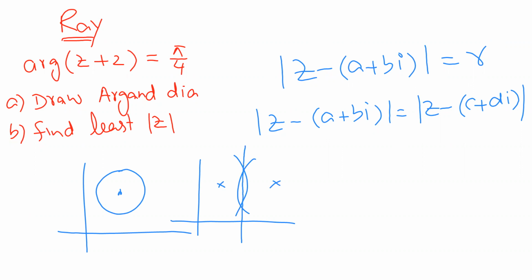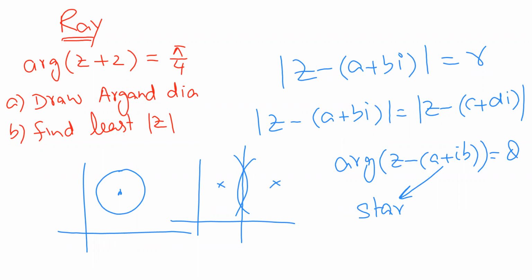Now I'm discussing the ray: arg(z - (a + bi)) equals an angle theta, any theta. This a + bi is called the starting point of the ray.